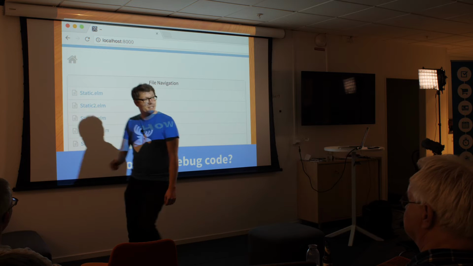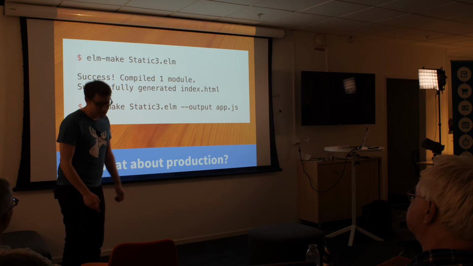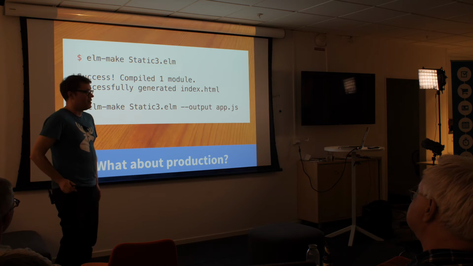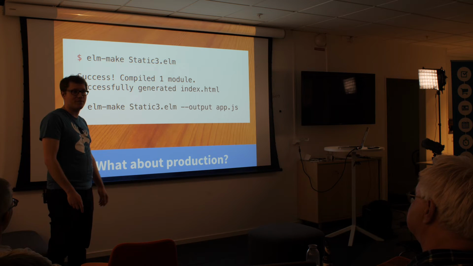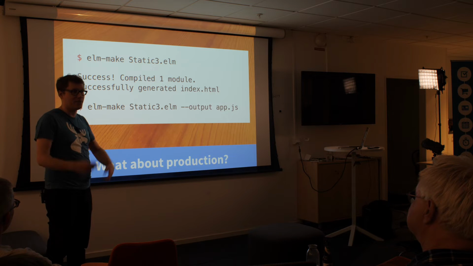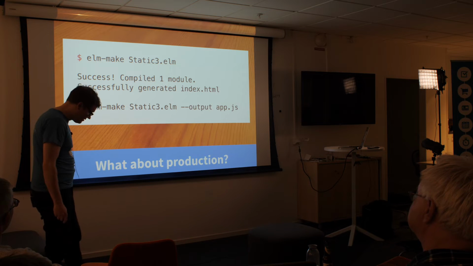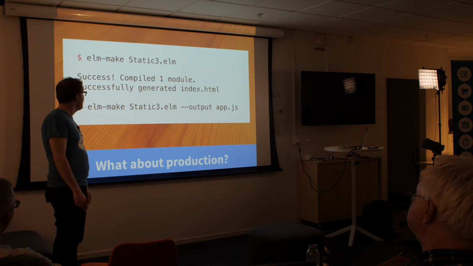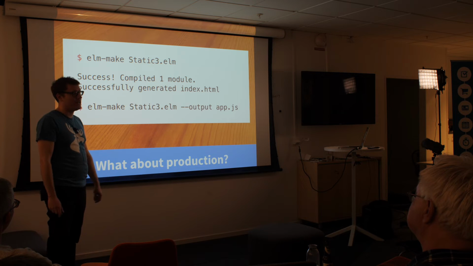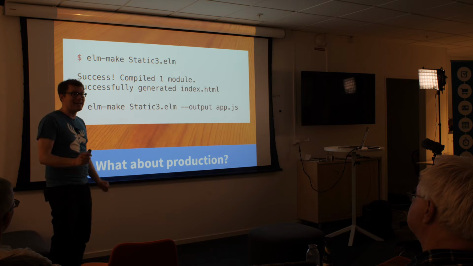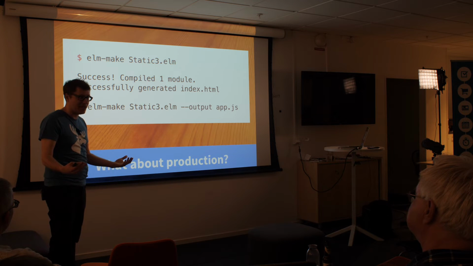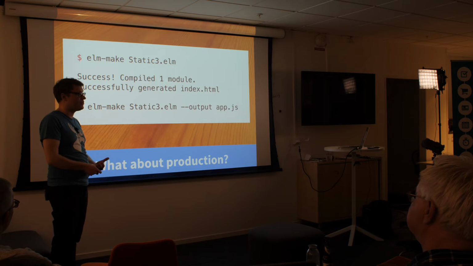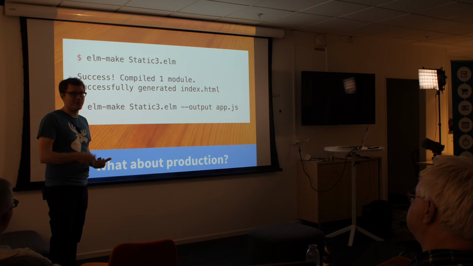Okay, so how do you do it in production? You run elm make with your source file. It generates an index.html that contains everything, and you can just push that out. If you build a standalone Elm application, that works fine. If you want to embed your Elm application in an existing project, and that is the recommended way, if not when you're playing with Elm and you're starting to learn Elm, but when you're integrating it in your company.